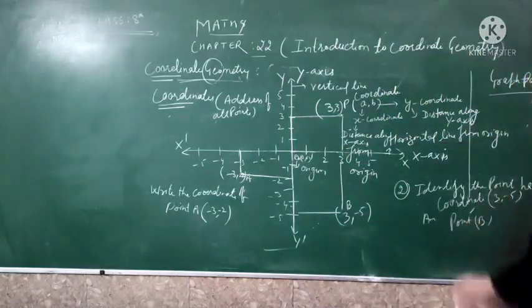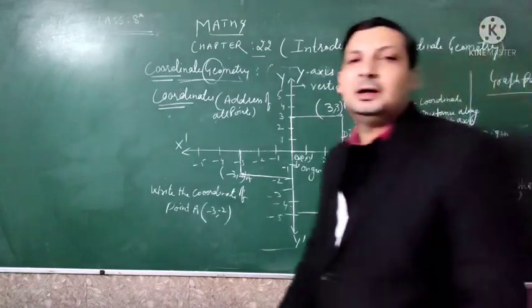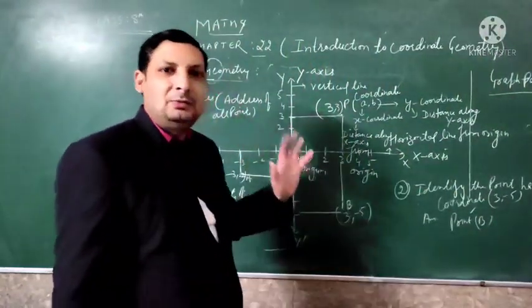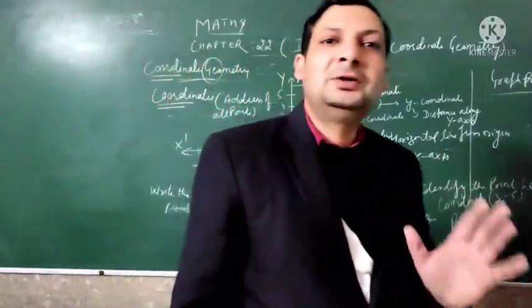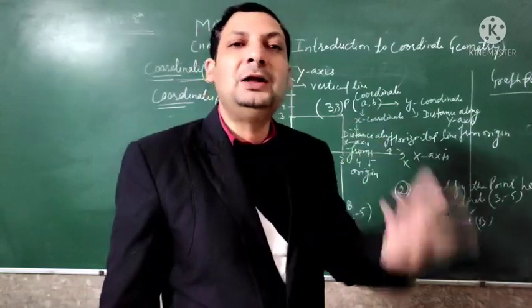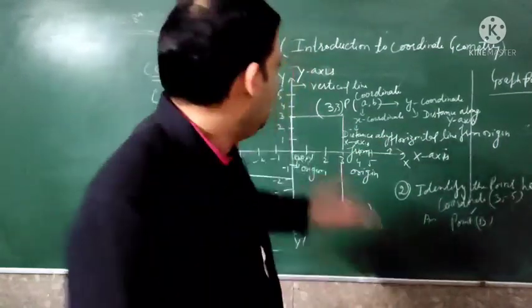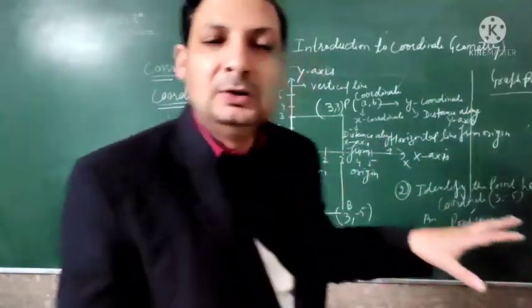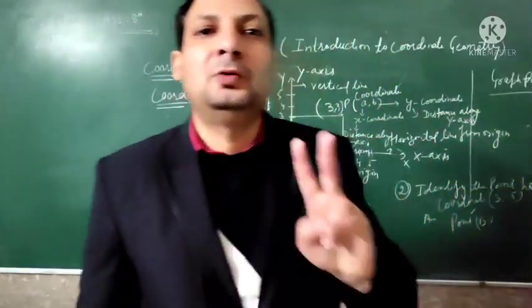So like these questions we can solve in the introduction of coordinate geometry. So at the last I would like to tell you what is coordinate geometry. Coordinate geometry is used to locate position of any point on the plane, and to locate any point on the Cartesian system we need two independent pieces of information.